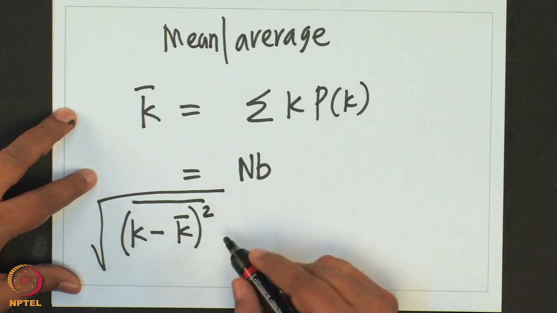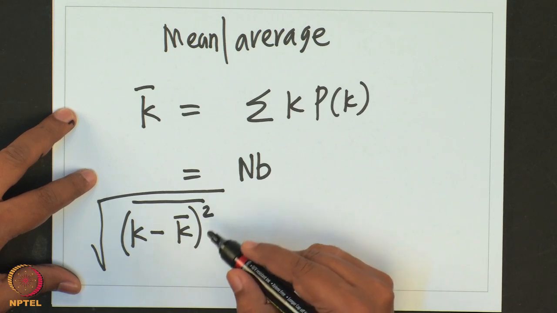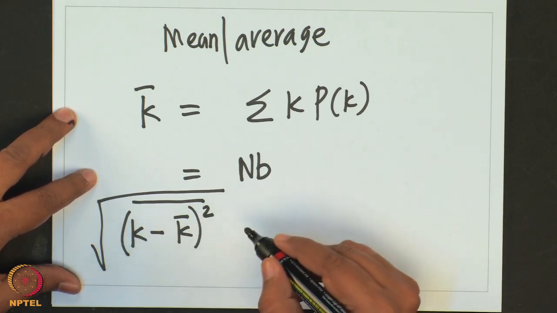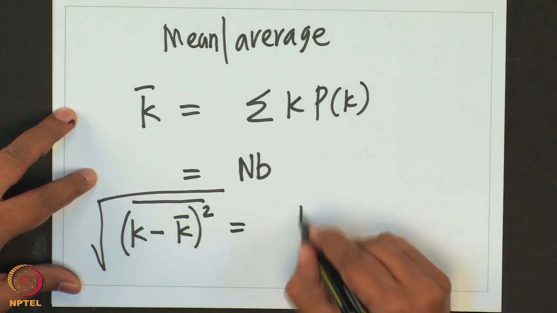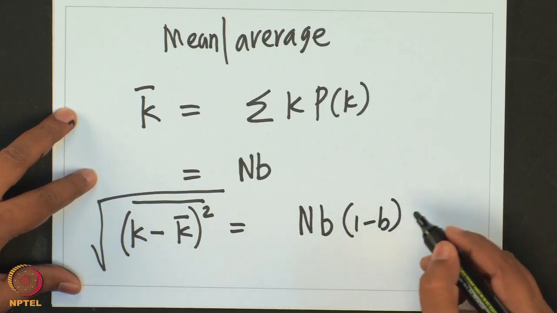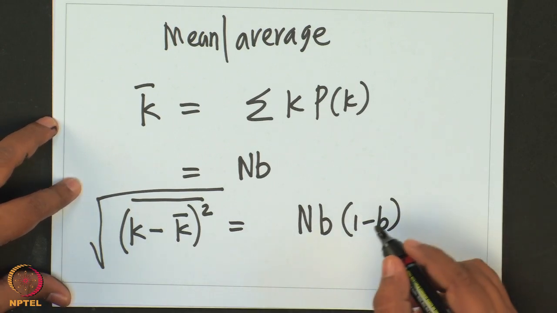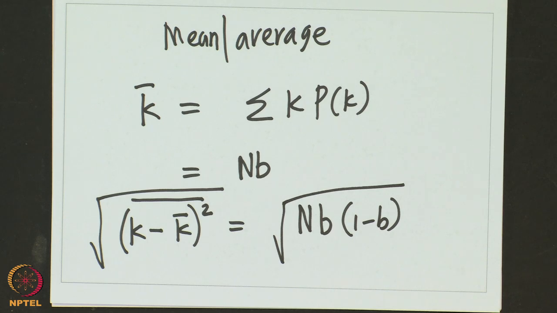This is going to be n b times 1 minus b, and of course this is going to be the root of this. So the mean and standard deviation can be obtained like this.